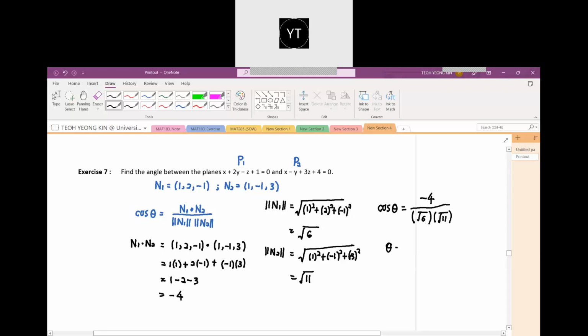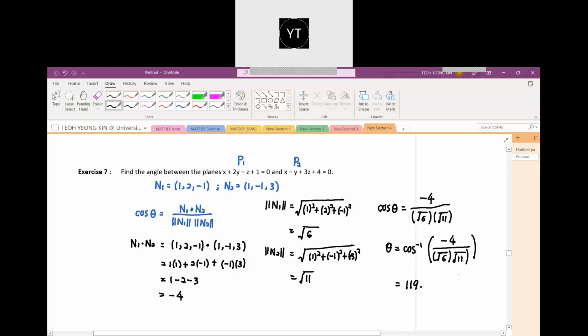So theta is equal to cos inverse of negative 4 over square root of 6 times square root of 11. By using your calculator, square root of 6 times square root of 11, then negative 4 divided by the answer. Shift cos answer. I should get 119 point something.